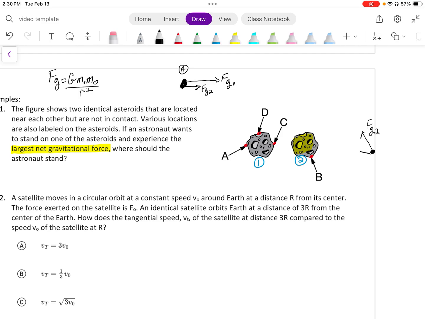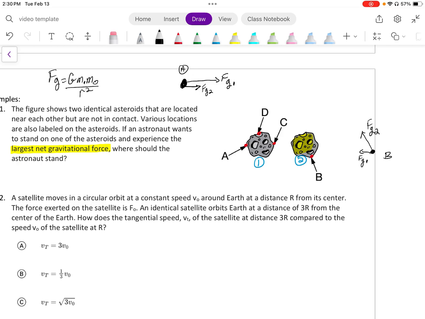And then I have a force, oh, it's smaller. Why is it smaller? Because the distance away is much larger, and r in the denominator is squared. So I have a little one moving that way. I'll call that FG1. Okay, and this is when I'm standing at B.